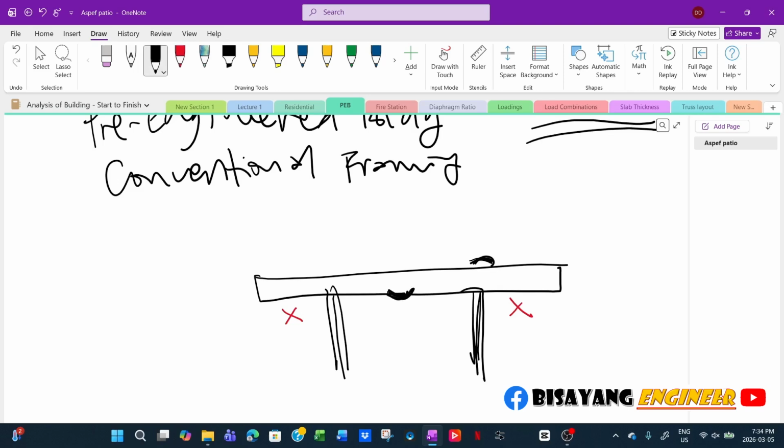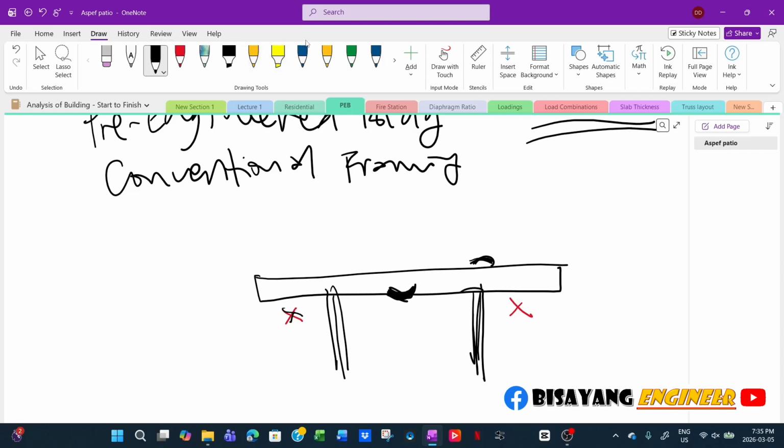Because in this framing system, it would be very economical if we design it this way, like a Gerber system, so that the bending at the support is equal, or it may not be equal, but at least really close to the bending at midspan, so that the section will be economical.